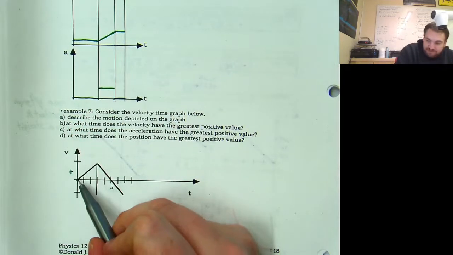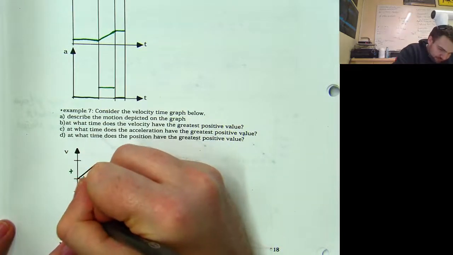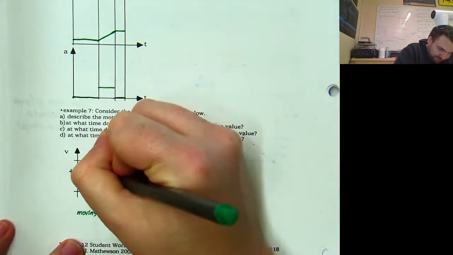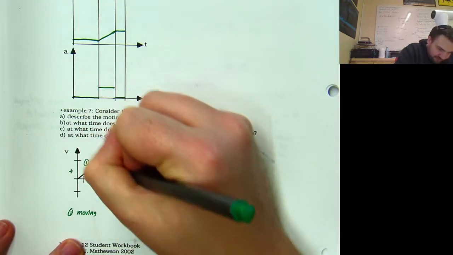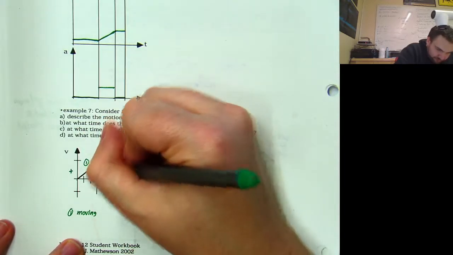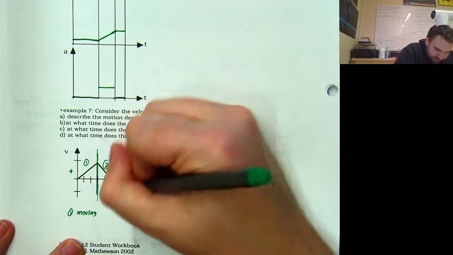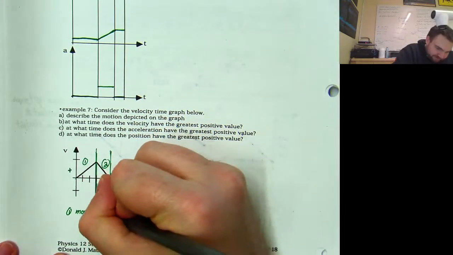So it's moving positively in this first chunk here. I'll call this 1, 2, and then I'm going to call this guy down here 3. Break it there. So it's moving positively.